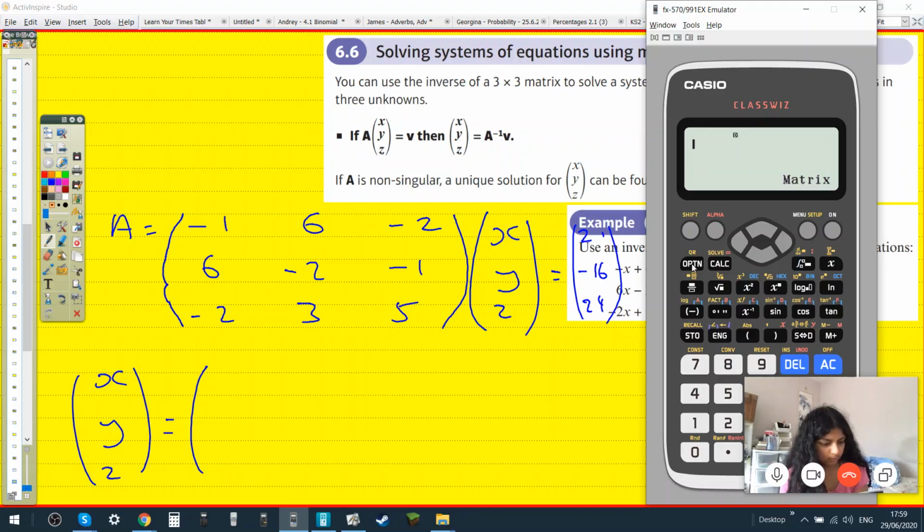Better define matrix B. Option 4 for matrix B. So I got a bunch of fractions for this one. There's only 3. So 21. Did you do 21 minus 16 and 24 for the other one? For actually solving it.